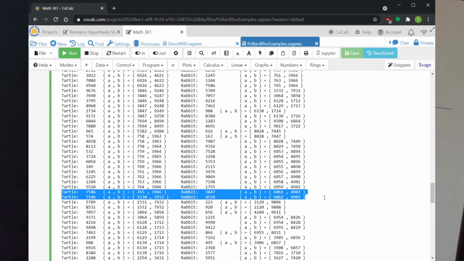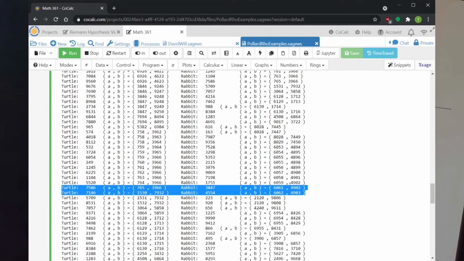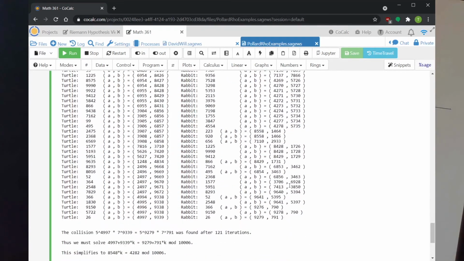And so what's really happening is this whole time, all along this path, a and b are bouncing all over the place. And as a and b are bouncing all over the place, the value of y is also bouncing all over the place. And we go along this path until we find this collision. Now, in this case, it actually happens that the y value that coincides is 26.